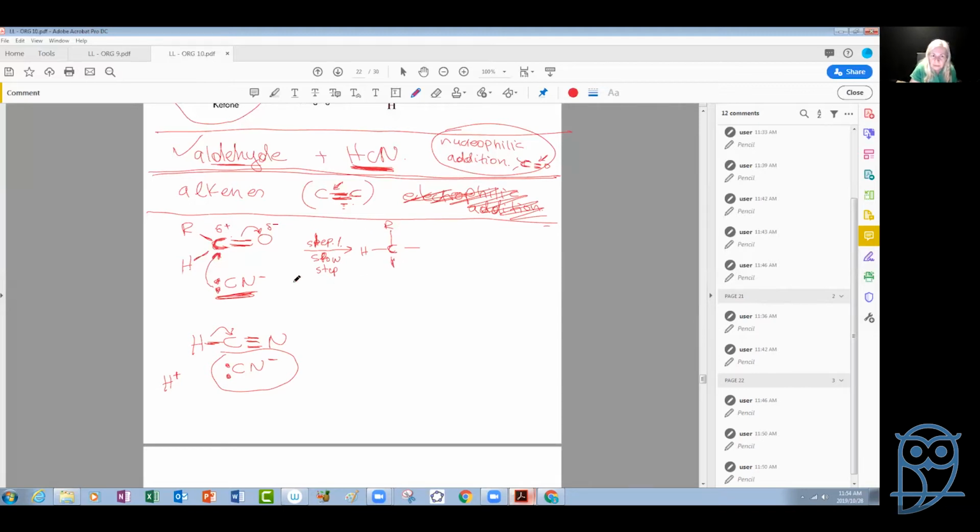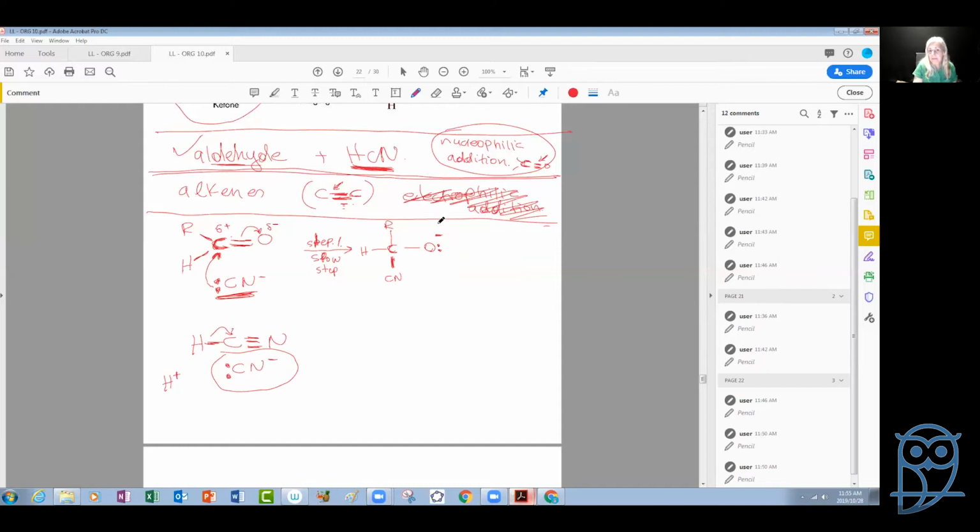Here we now have the cyanide ion bonded with this carbon, and of course this bond broke, so we have a single bond there with oxygen. Now this whole intermediate is like a negative ion that has formed, because of this oxygen there.